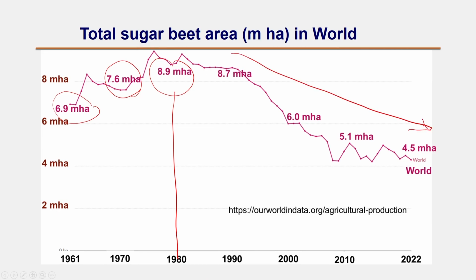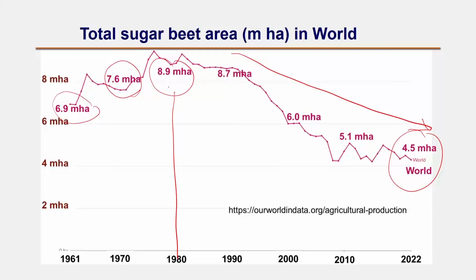It started falling continuously, and at present the area is only 4.5 million hectares in the world, which is really a very small area. So you can see that from 8.59 million hectares in 1980, it has fallen, or roughly it has become half in year 2022. So currently the total area of sugar beet in the world is 4.5 million hectares.